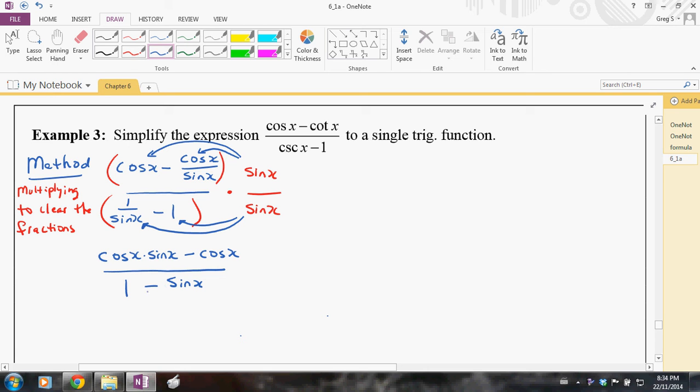And so now I'm looking at my numerator, and I see a cos that can be factored out. So let's try that. If I factor out my cos of x, I will get sine of x minus 1 over, hey, wait a minute, the sine x minus 1 and 1 minus sine of x.